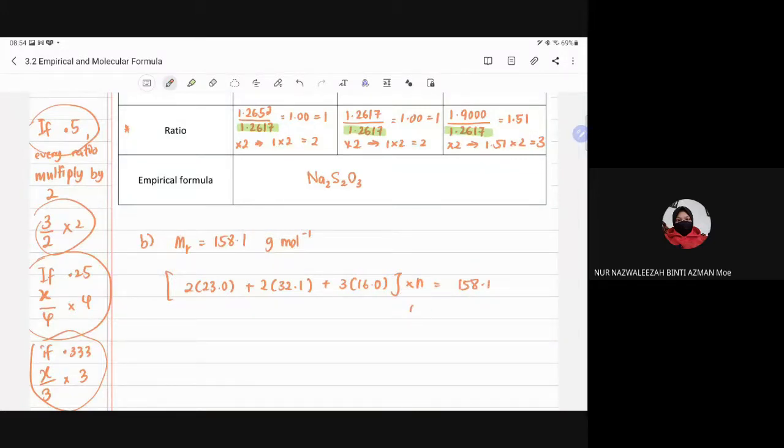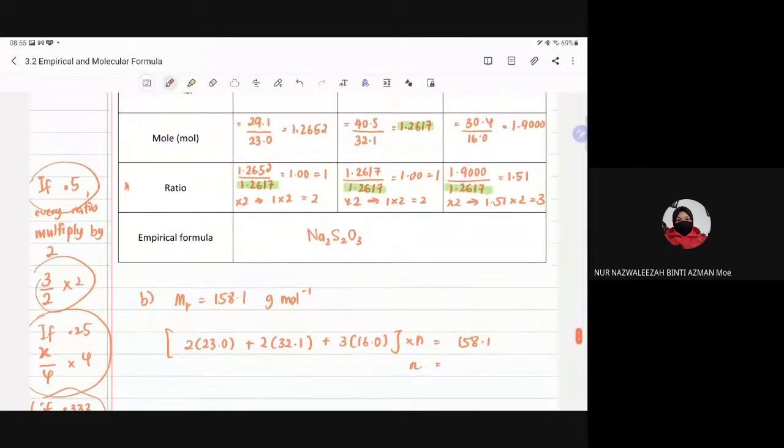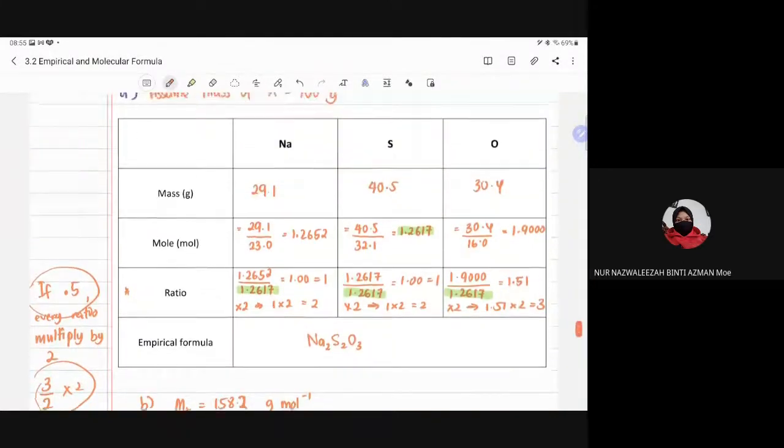So, N kita akan dapat 23 times 2 plus 2, 32.1 plus 3, 16. Okay. So, kita akan dapat, ini adalah 158.2 ya. Bukan 158.1. Soalan tu, silap ni.